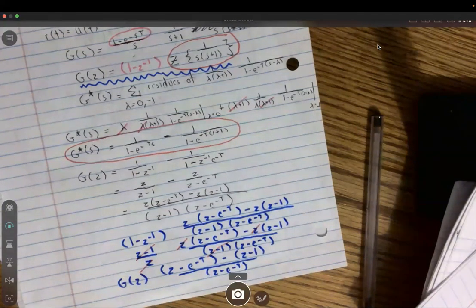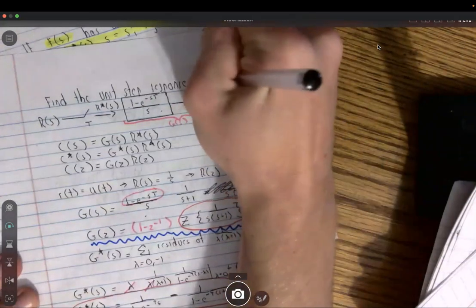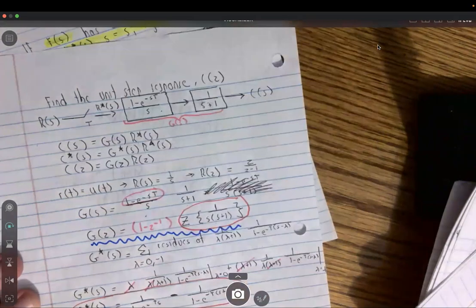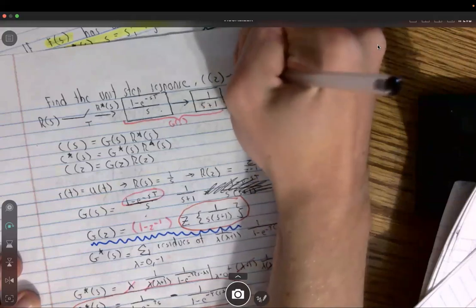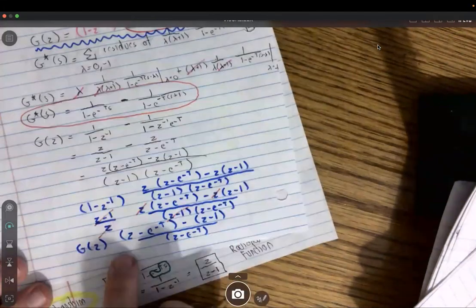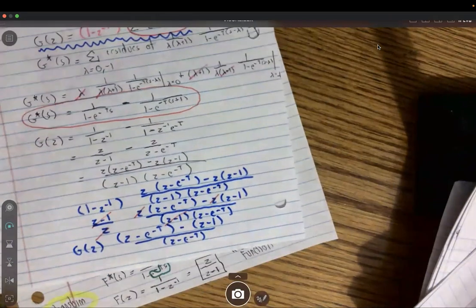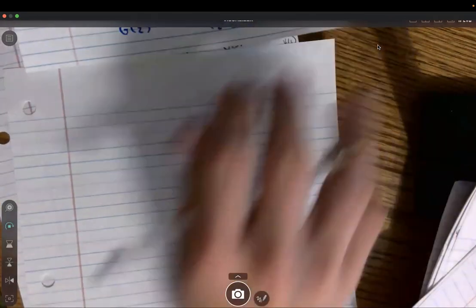Now, remember, this is only G(z), but we wanted to find a unit step response, which this is talking about C(z), correct? Or technically C(z), but really we need to find it in terms of the time domain, so C(kT). We found our G(z) here. Knowing our G(z), we need to calculate our actual step response.